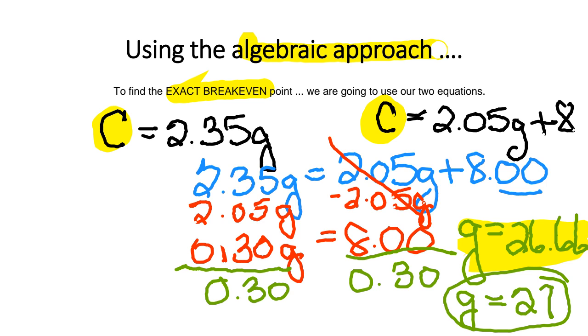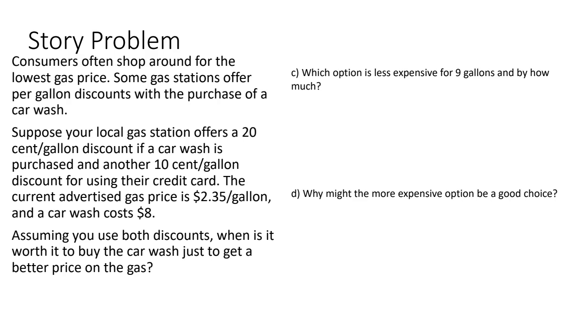Now, notice here, we're going to expand on our problem. This is the same story problem, but it's asking which option is less expensive for 9 gallons and by how much. This is where we have to do the algebra.